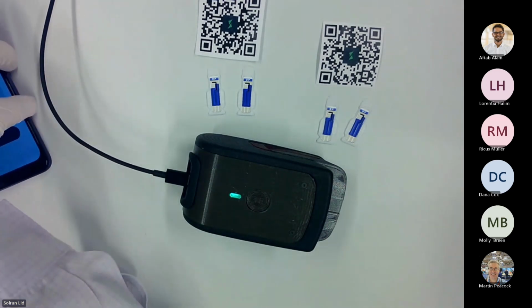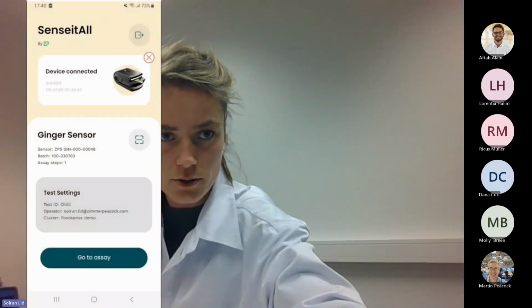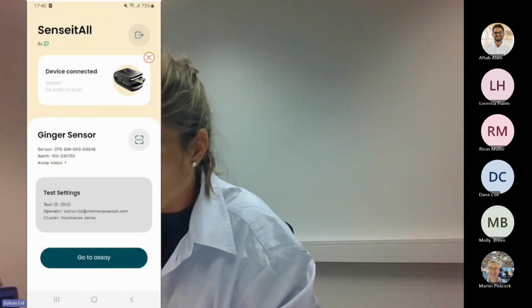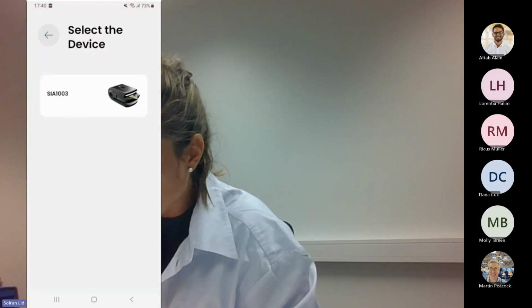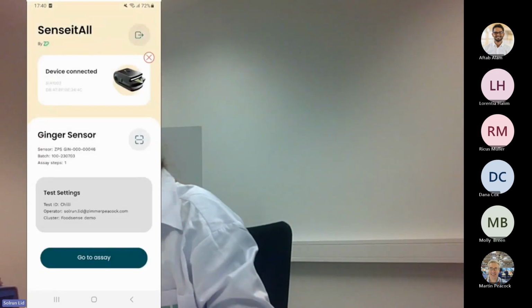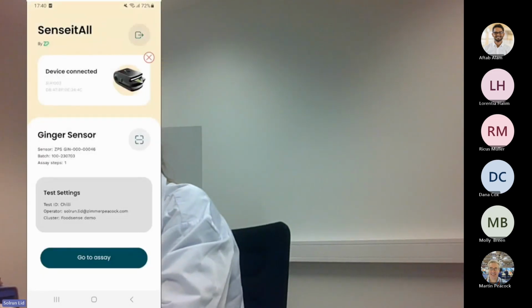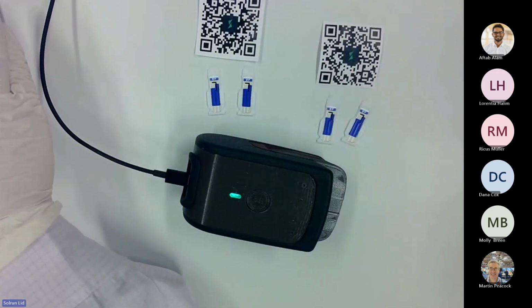I can show you the app. So let's say the device was disconnected. I will just click the connected device, find my device, and it's all connected via Bluetooth. And it's also indicated by a light on the device. I can show you that as well.